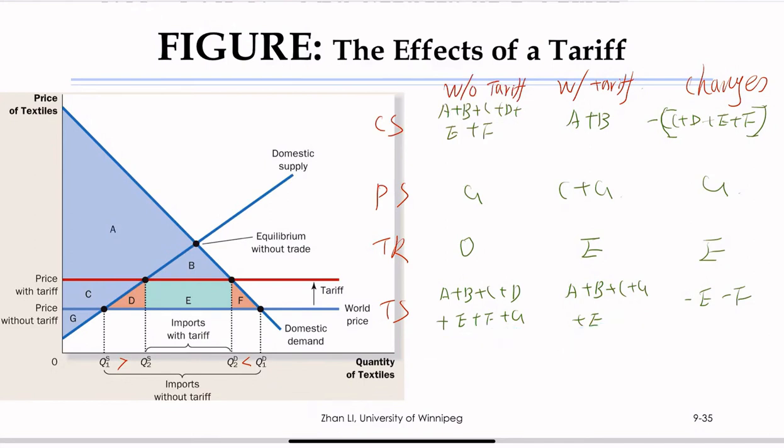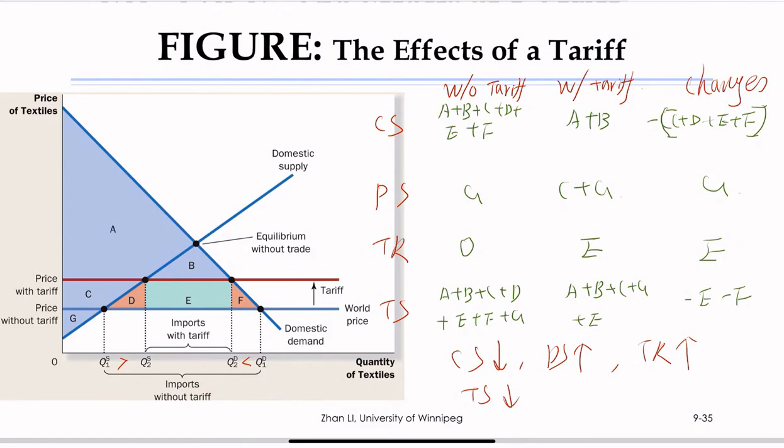So what's our result here? You can see that using a tariff, consumer surplus decreases, producer surplus increases, and government tax revenue increases, right? However, importantly, total surplus actually decreases. So who are the winners from a tariff?